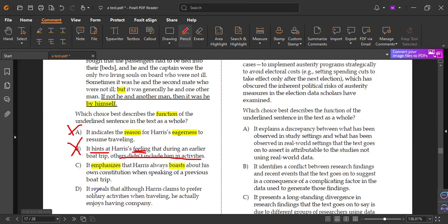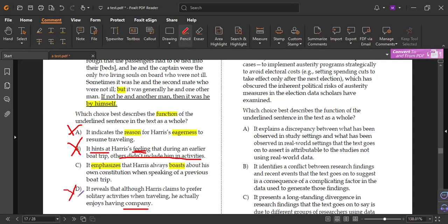Now, it reveals or explains: although Harris claims to prefer solitary activities when traveling, he actually enjoys having company. He didn't mention in the underlined part that he enjoys the company or the group, or loves to be in a group of people or live in a community or society. There is nothing supporting it in the underline.